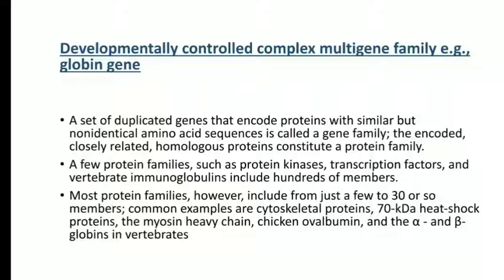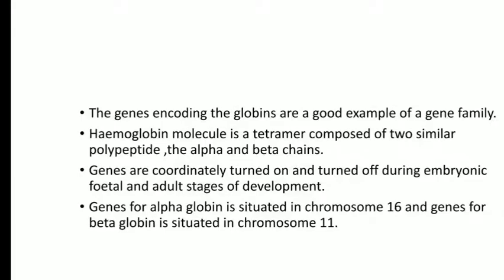Most protein families include from just a few to 30 members. Common examples are cytoskeletal proteins, 70 kilodalton heat shock proteins, the myosin heavy chain, chicken ovalbumin, and the alpha and beta globins in vertebrates. Genes encoding the globins are a good example of a gene family.